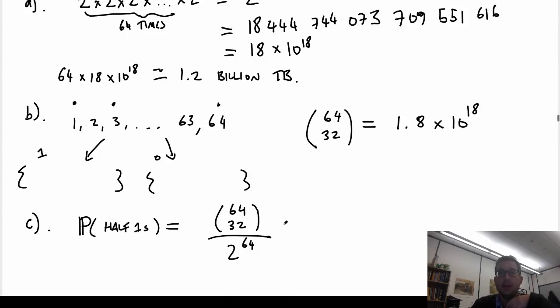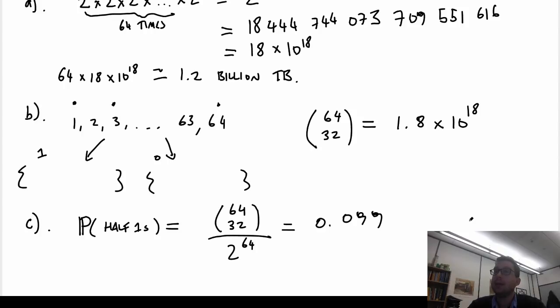You find that the answer to this is about 10%. So we've got about 1.8 divided by 18, so we get an answer that's about 0.099. So about 10% of the time, if you choose a random string, about half of the digits are ones and half of the digits are zeros.